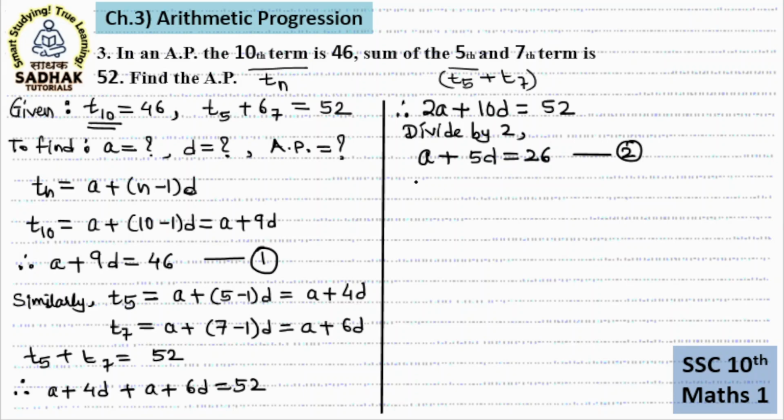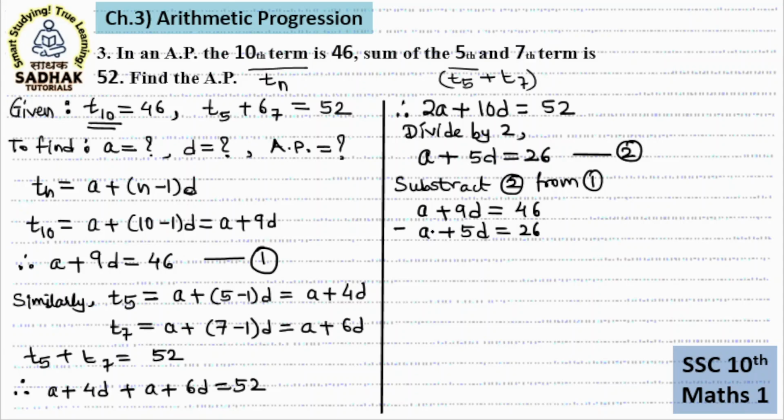Now let us subtract equation 2 from 1. So that is A plus 9d is equal to 46, minus A plus 5d is equal to 26. Now because there is a minus outside, these signs will change.